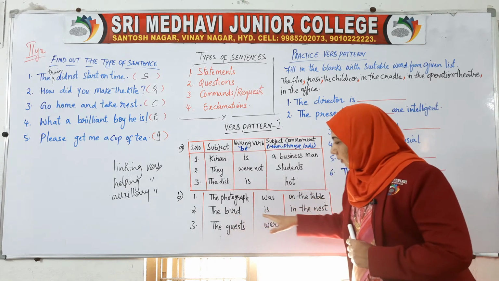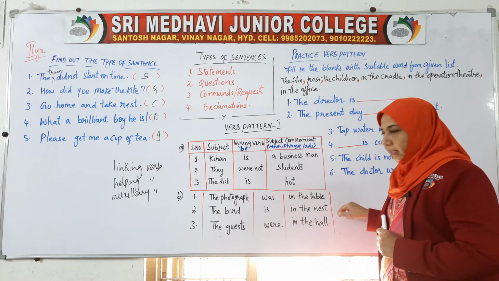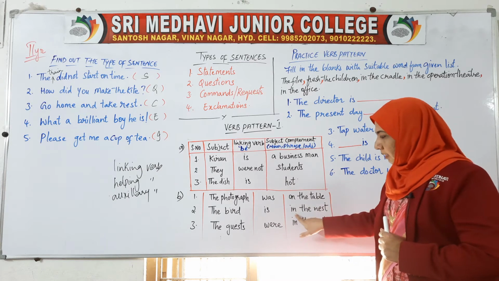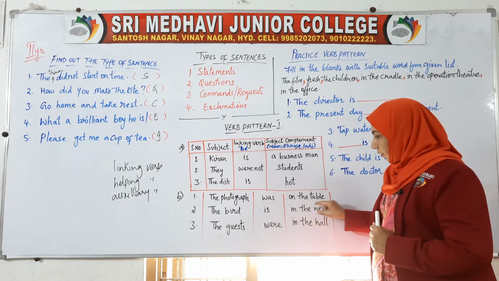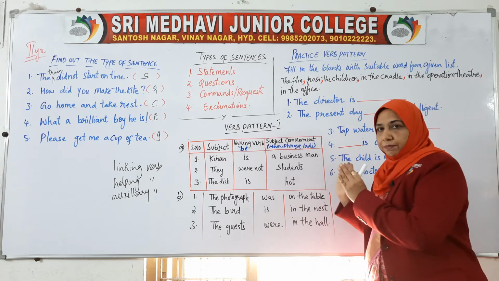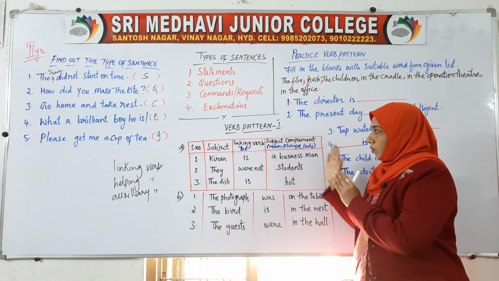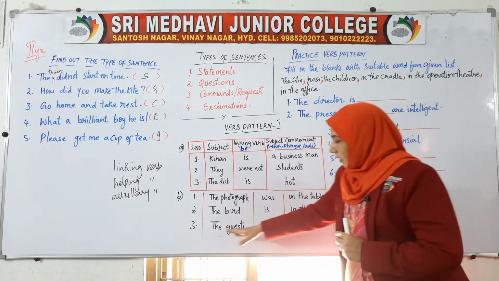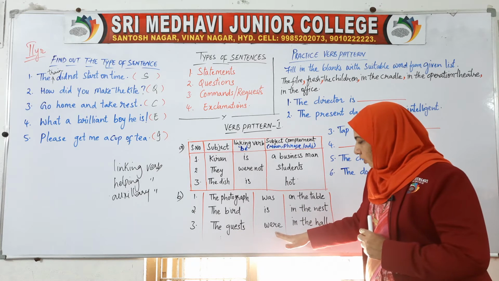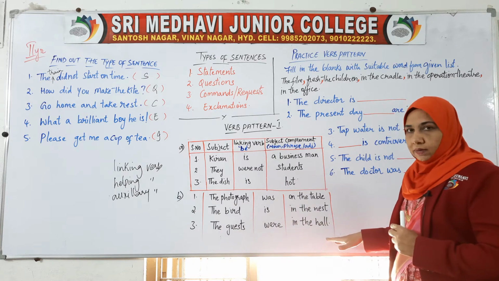The bird is in the nest. Again, this is a preposition. With the preposition, we are making the subject complement. Next is the guest. The guests were in the hall.